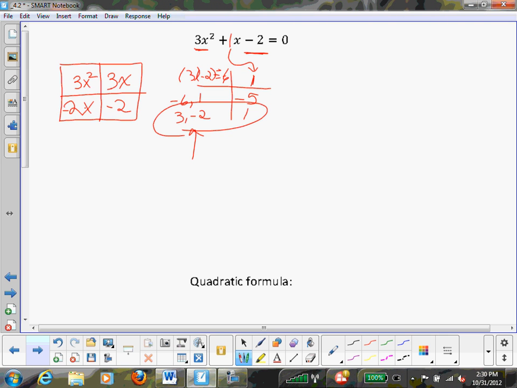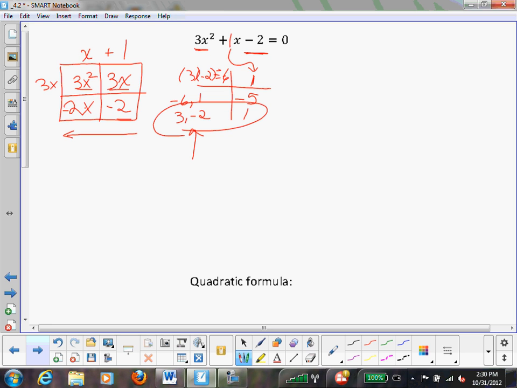Okay, so what is common when I look between 3x and negative 2x? What's the common factor? Only 1, exactly. There's got to be some value that I can pull out, even if it's just 1. If I go from negative 2x and 3x squared, what's common in these two boxes? Notice this 1 is a positive 1, because we took out 1, not negative 1. Going this way, what's common between 3x squared and 3x?